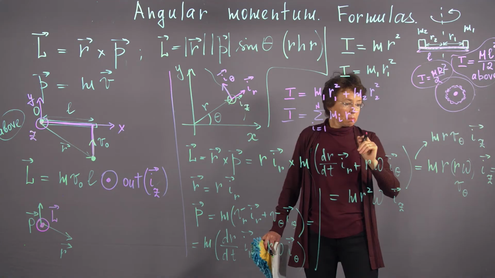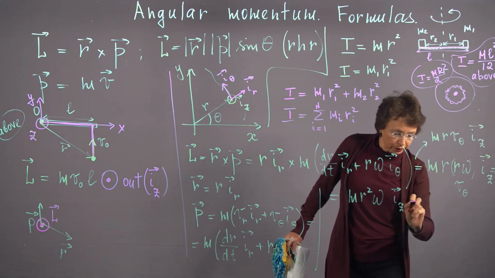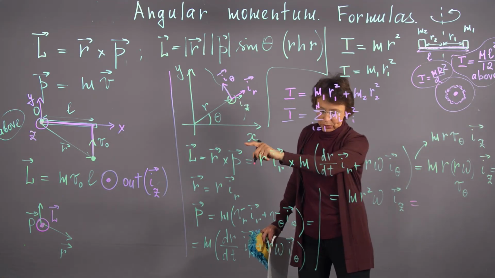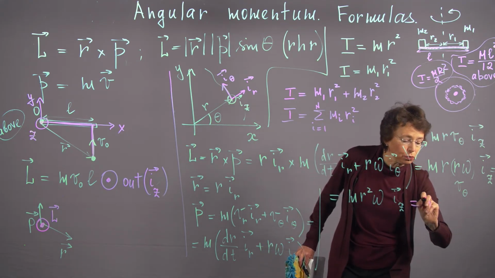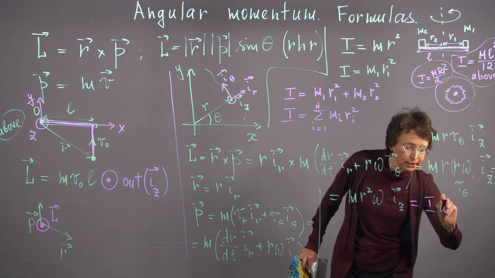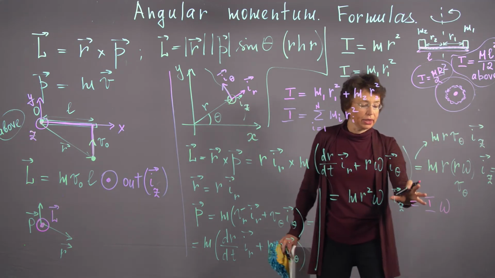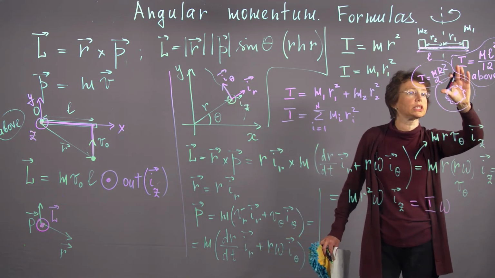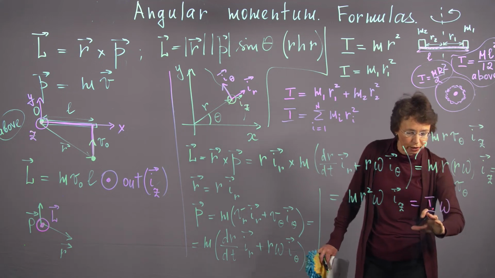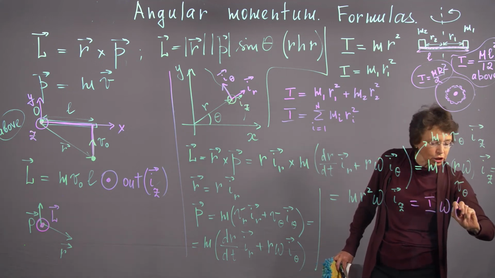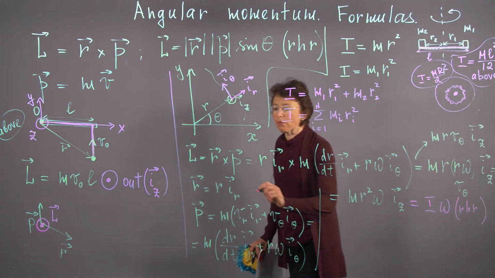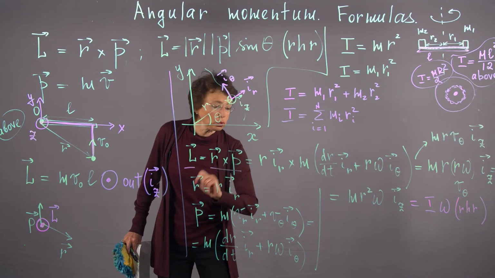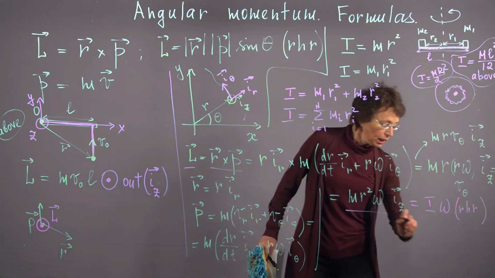Okay, but look at our formulas for L. What is m r squared? It is moment of inertia. So I add it here. It is I omega, and this will work also for the disk, for an extended object, for the rod, for everything. I omega, and I need to add the right hand rule. And now we have all the formulas that we need to find angular momentum.